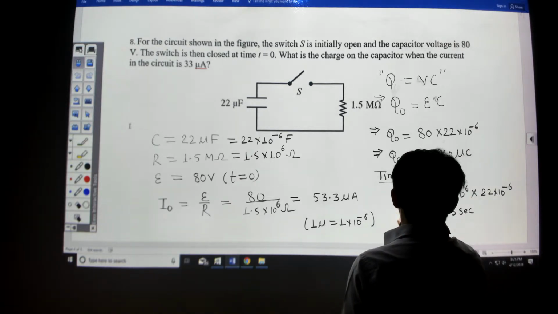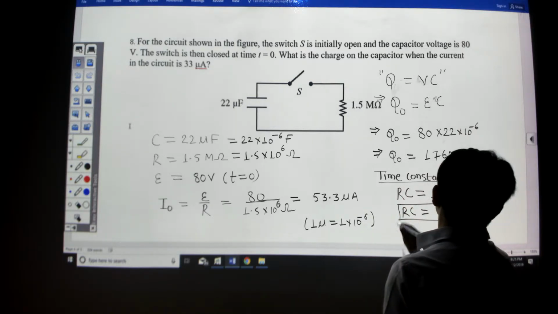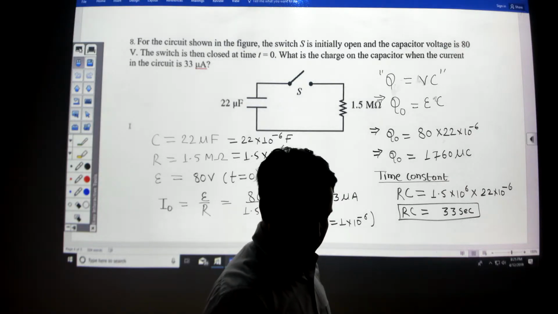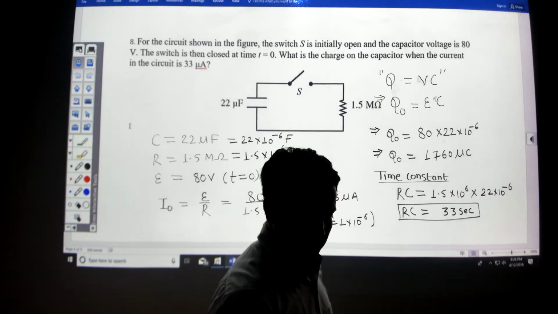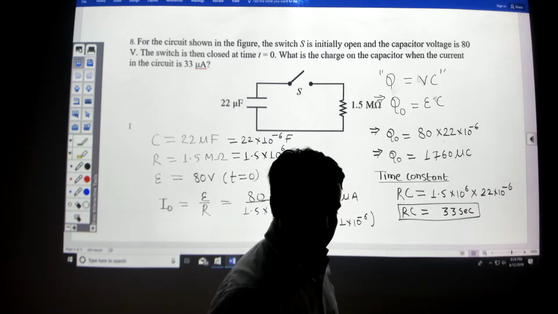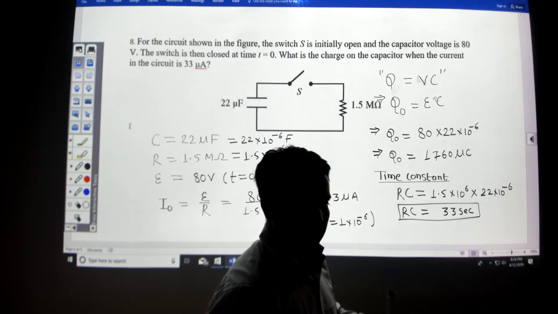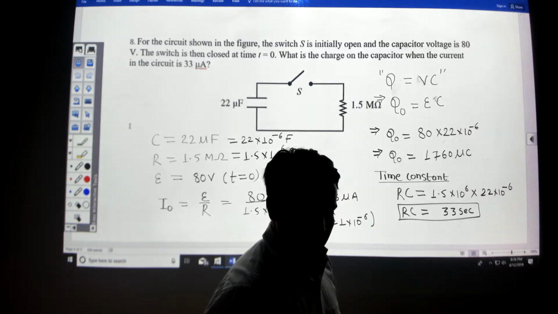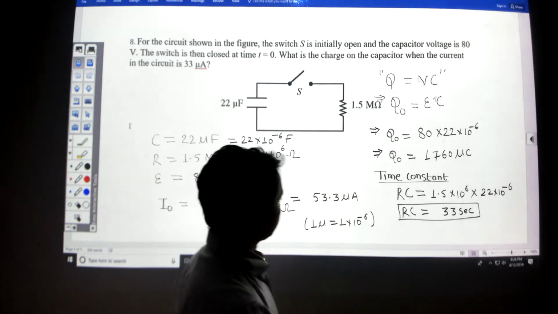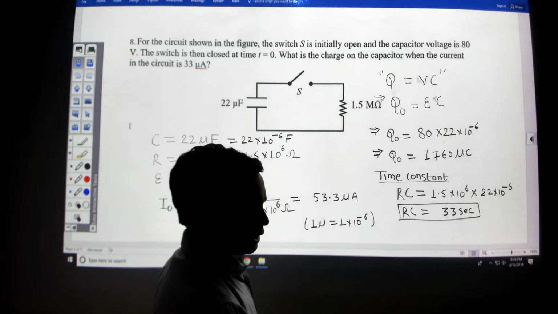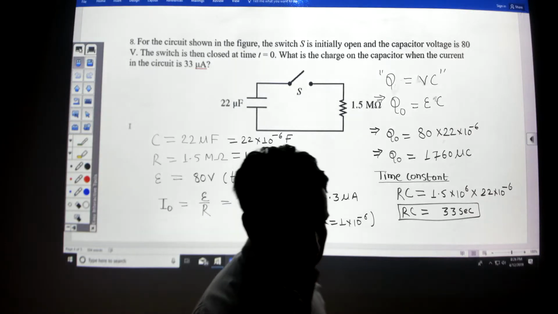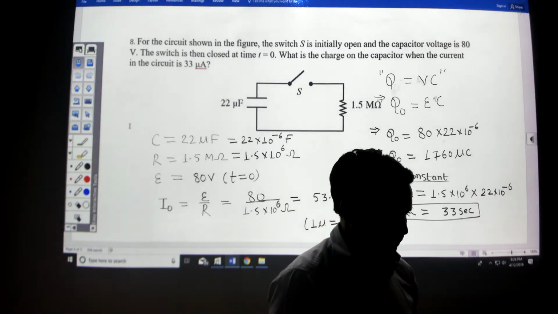This is the time constant. That means in order to discharge about 33% of the capacitor, the time it takes is 33 seconds. Out of 33 seconds, the charge or the current in the circuit will be reduced by 33%. When we have all this information, we can find out the current in the circuit, and then we can also find out the charge onto the capacitor.